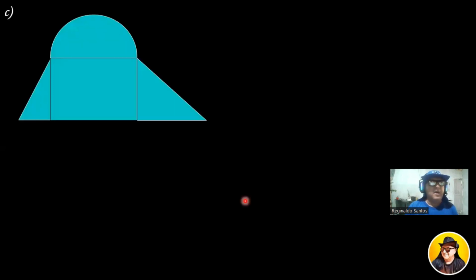Let's go to the other one. Question C. The irregular shape is already here. Okay, let's do it. We can split it into 4 shapes: 1 triangle, 1 semicircle, 1 rectangle, and another triangle. Let's do it. Okay, let's see.